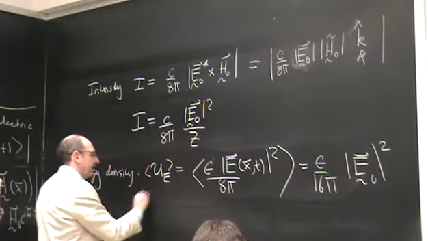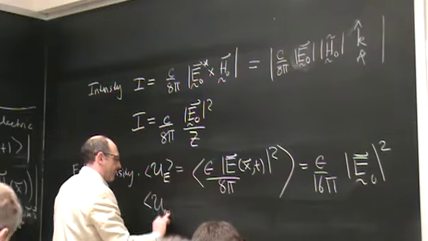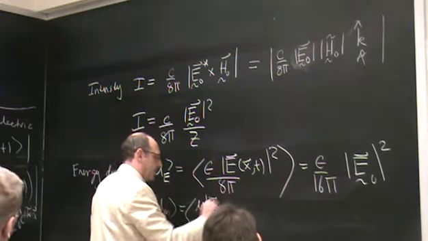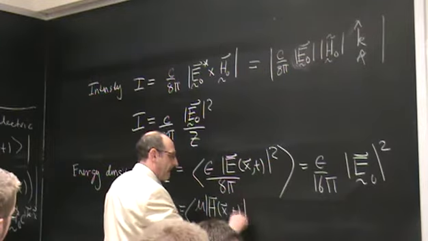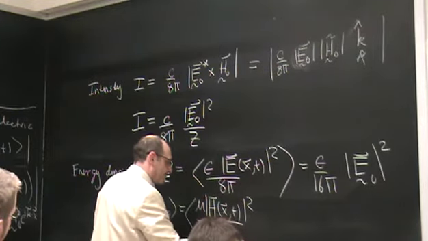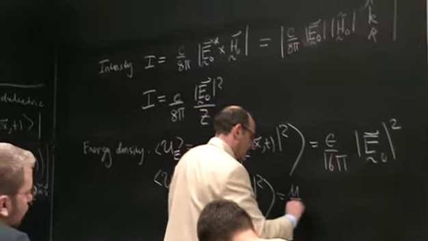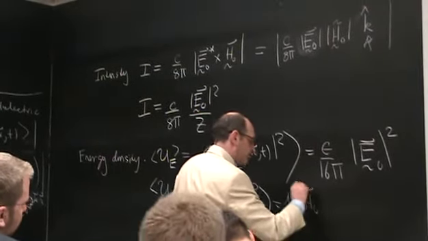The magnetic energy density, time average mu H squared over 8 pi, is mu over 16 pi H0 squared.